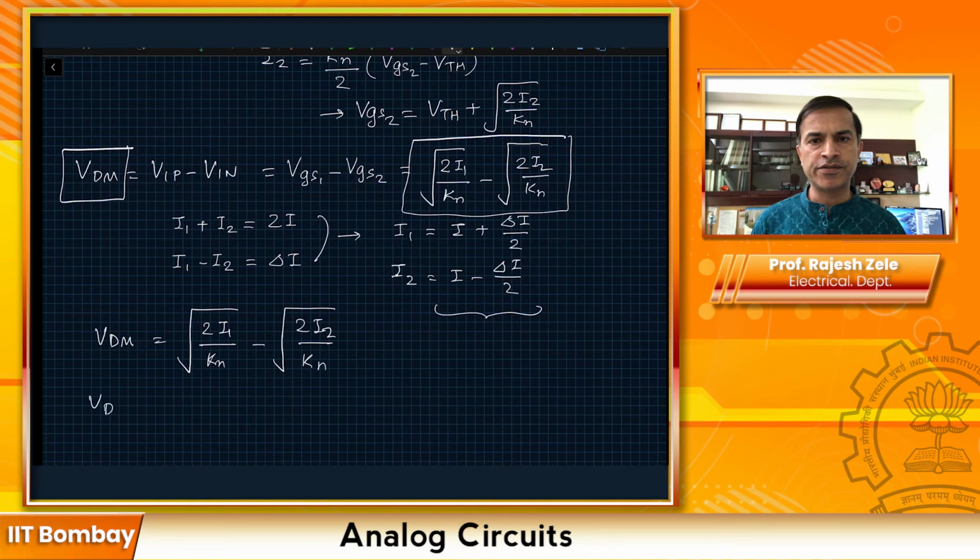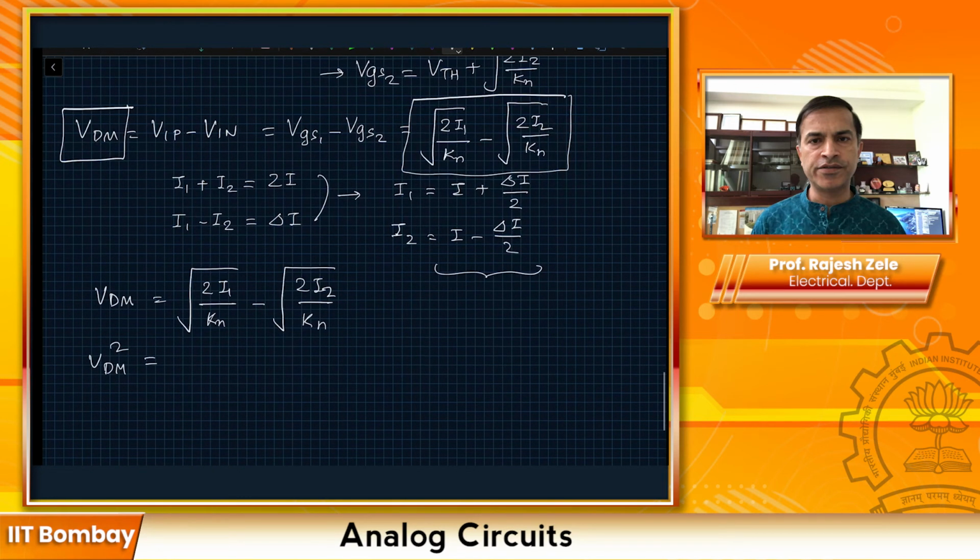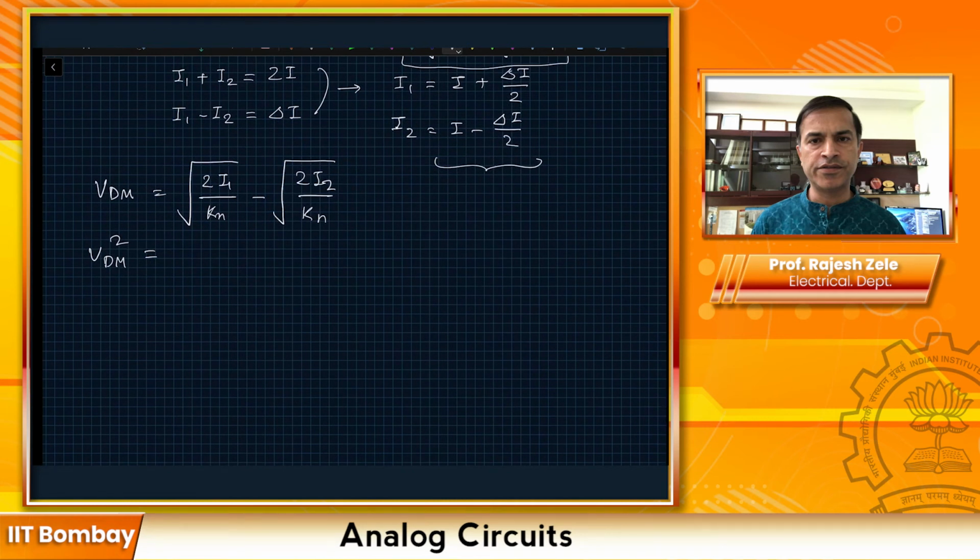So VDM squared would be equal to the square of these terms, which will be 2I1 divided by Kn plus 2I2 divided by Kn, minus 2 times square root of 2 by Kn times I1, and again square root of 2 by Kn times I2.